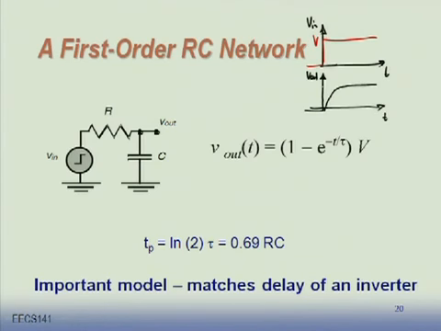Have the output waveform that asymptotically reaches the value of V. In fact, the waveform here is given by this. Enough times in E40 that I don't have to do it here.